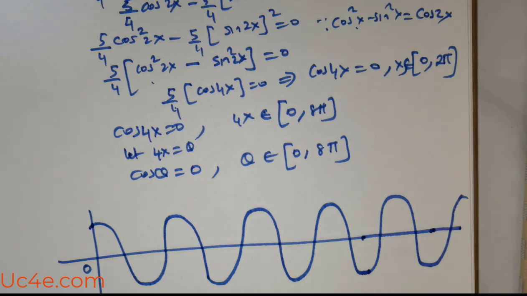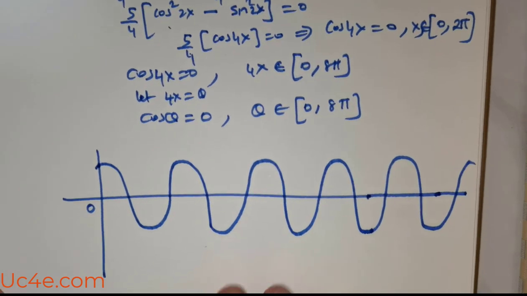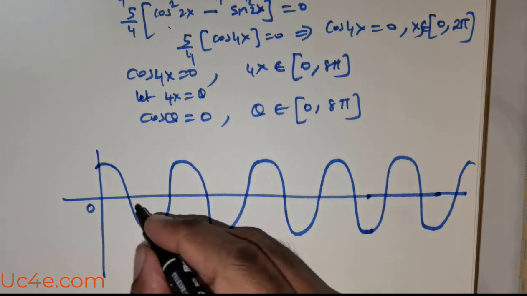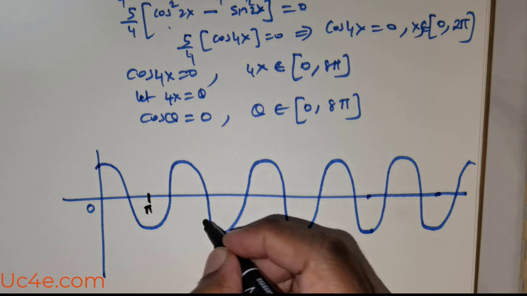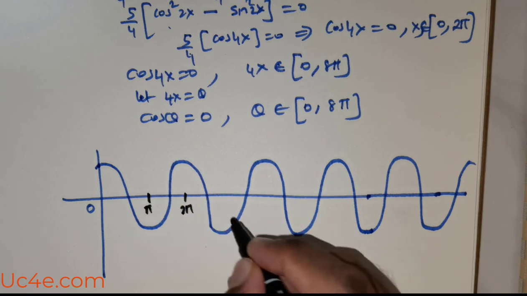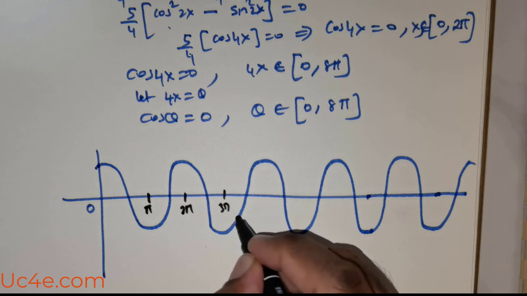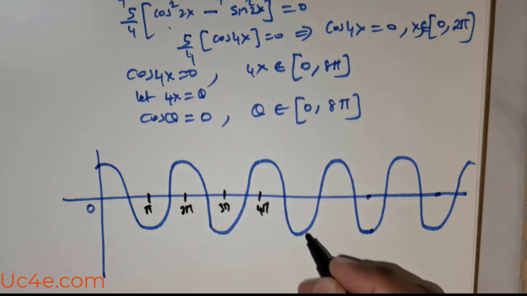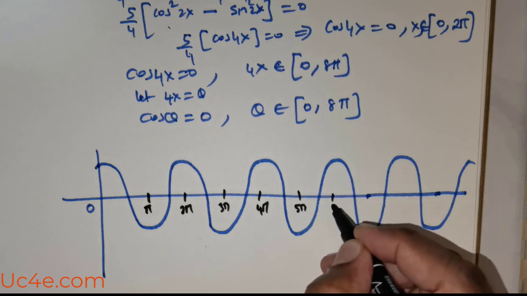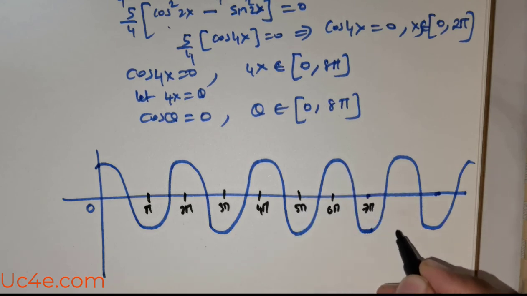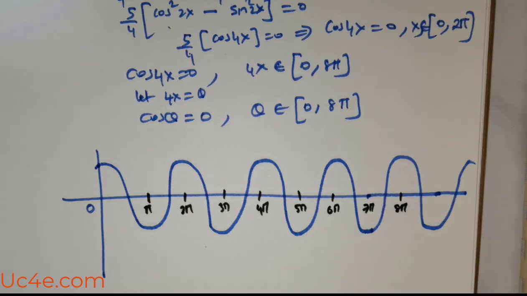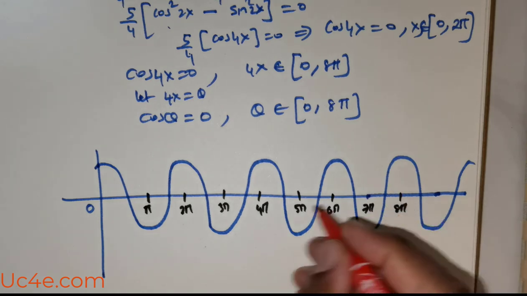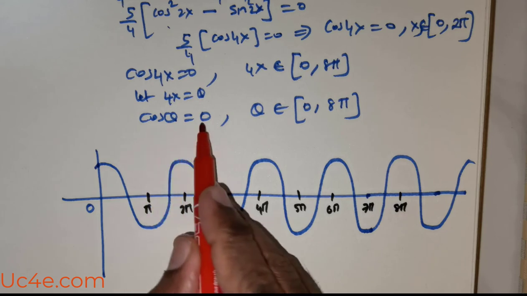So let me mention these points. This is going to be 0, and it hits the bottom at π. It rises up, so that's 2π there. It hits down at 3π, moves up at 4π, hits down at 5π, moves up at 6π, hits down at 7π, moves up at 8π. So this is the point that we are looking for. So if I were to place in the intersection, cos theta is equal to 0.